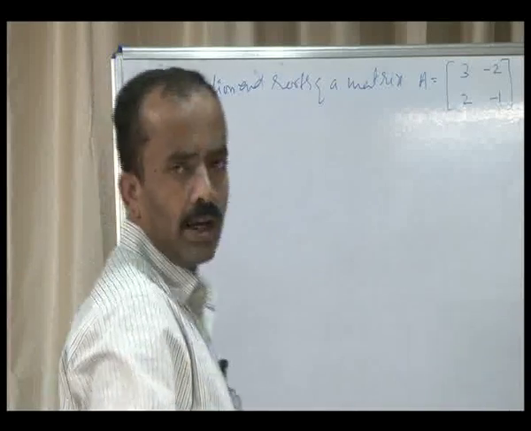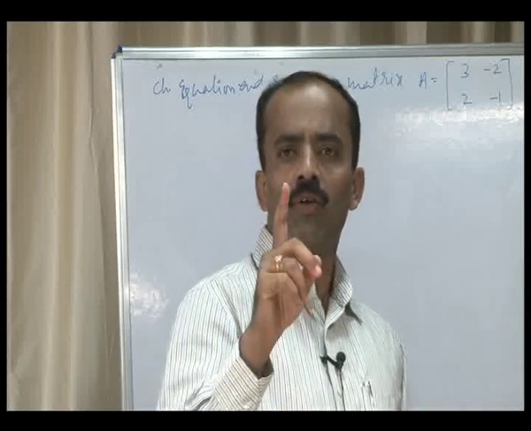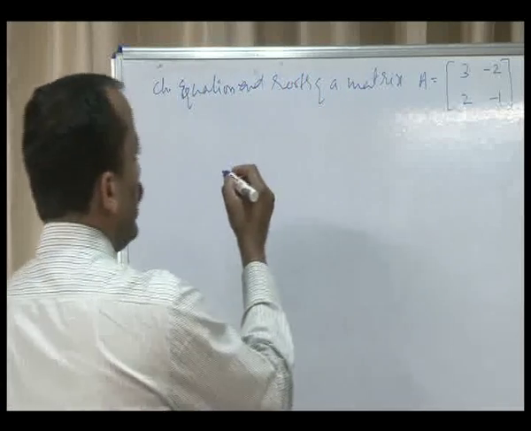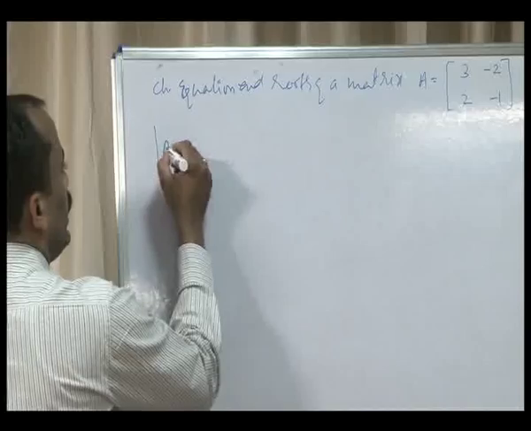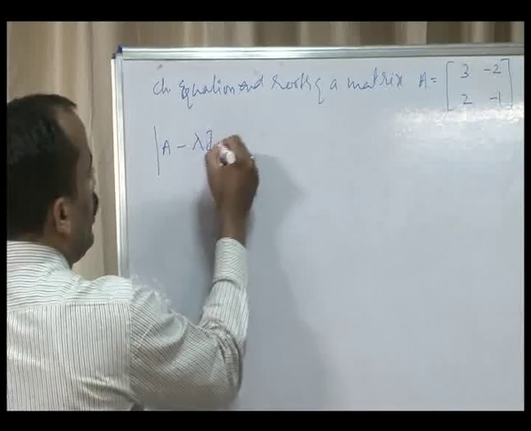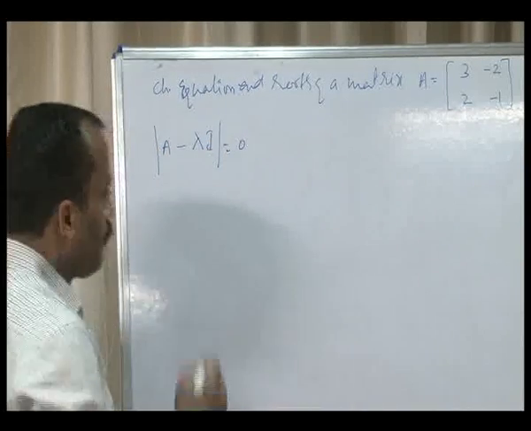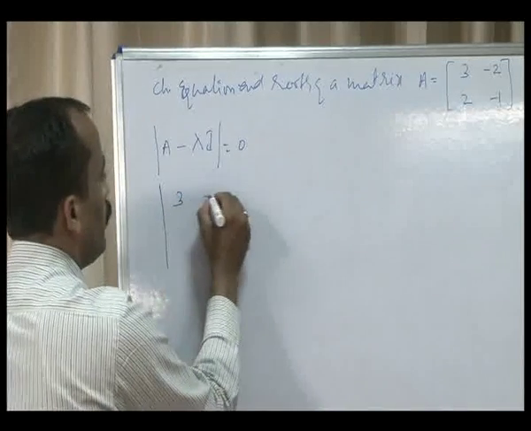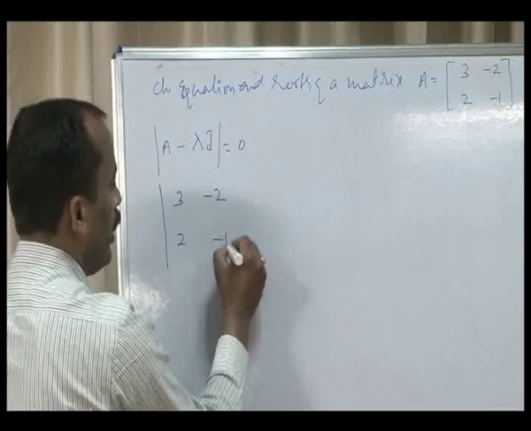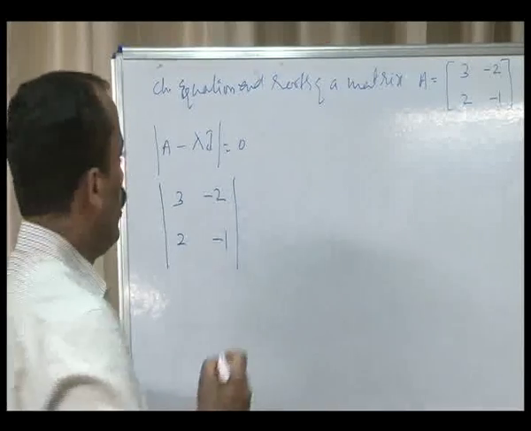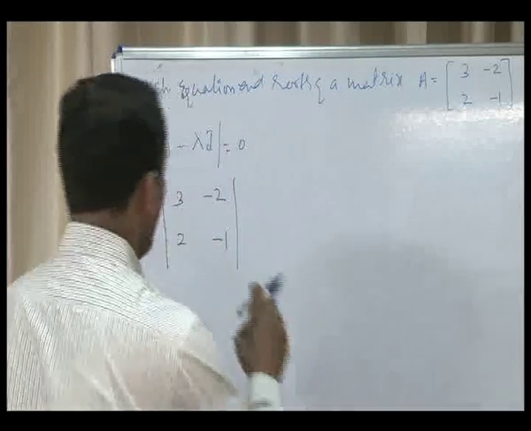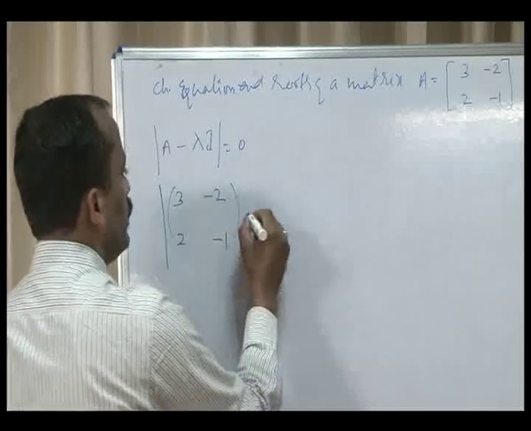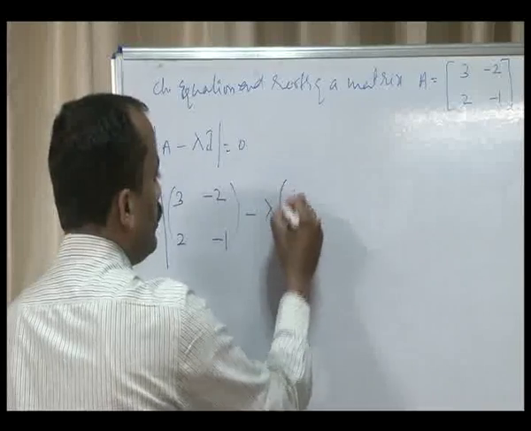Now, what is the characteristic equation? Determinant of A minus lambda into I is equal to 0. Now, A is [3, -2; 2, -1], minus lambda into I. What is I?